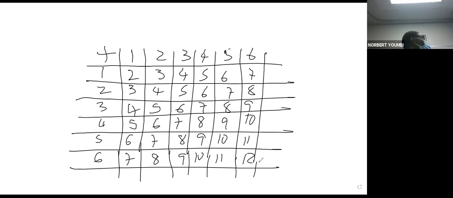These are the numbers. So now we wanted the probability that the sum is what? Is less than 7. So we have this.